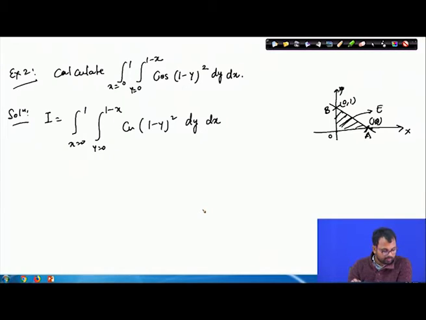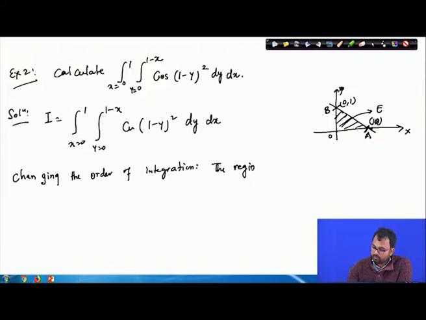integral here. So first of all, if we change the order of integration, what will happen? So first of all, we write the region of integration.